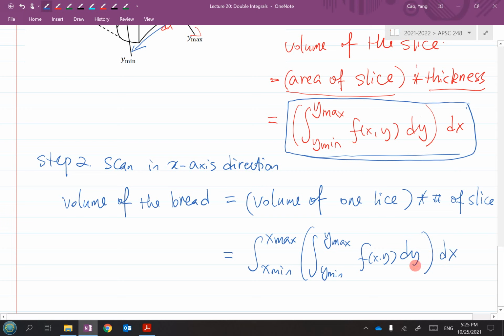As you can see, at the end of the day, you have two integrals. The first integral is about the variable y, and that's what we call scanning in the y direction through this region R. The second integral is about the x variable, and that's scanning in the x-axis direction. This way, you completely finish the scanning of the region R, and at the same time, you're not causing any redundancy.